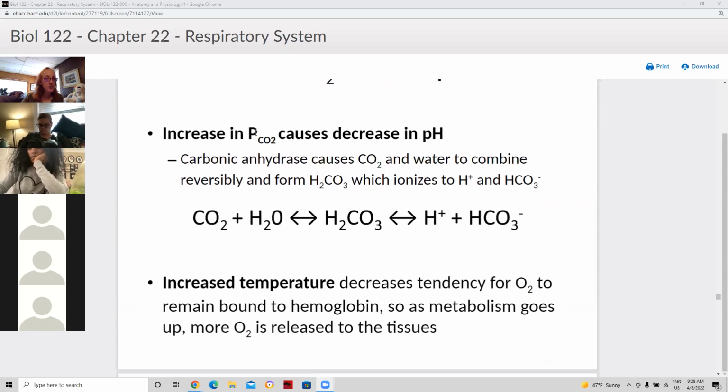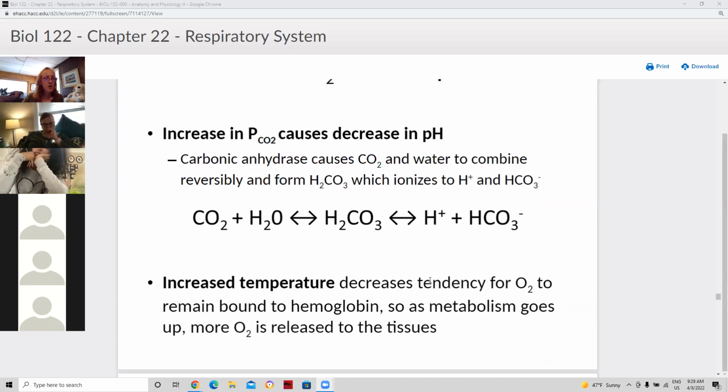So an increase in carbon dioxide levels causes a decrease in the pH. Carbonic anhydrase catalyzes this reaction, causing CO2 and water to combine and form carbonic acid, which ionizes to form hydrogen ions and bicarbonate.